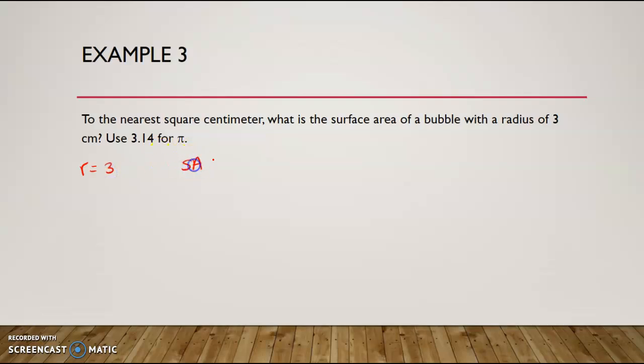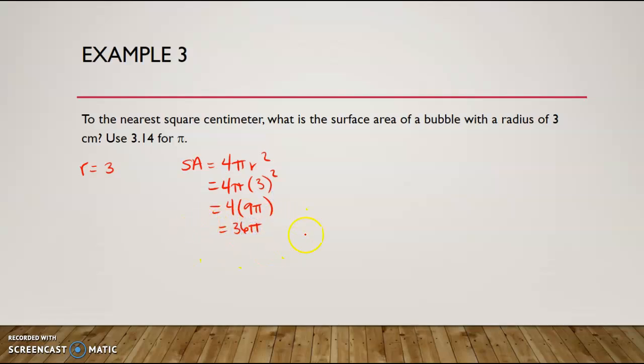The surface area of a sphere is 4 pi r squared. So we're going to have 4 times pi times 3 squared. And then I just start simplifying. 3 squared is 9, so we have 4 times 9 pi, and 4 times 9 is 36 pi.